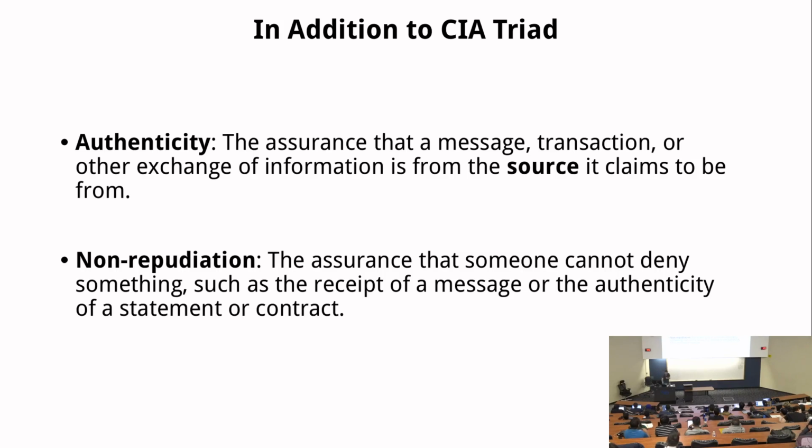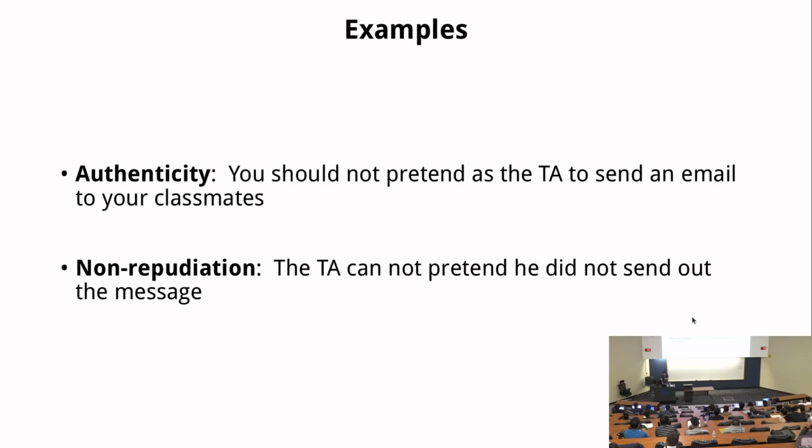Using the same example here, you should not pretend to be the TA or pretend to be me and send an email to your classmates, ask for the homework, right? So if you are able to do that, what you break is the authenticity of the message. The message you send out, you claim to be me, the TA, but actually you're not.